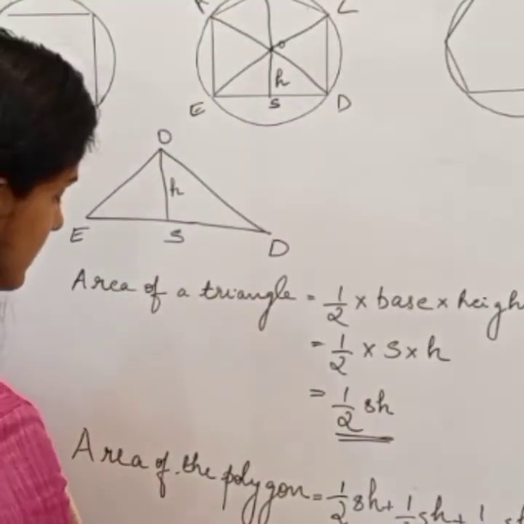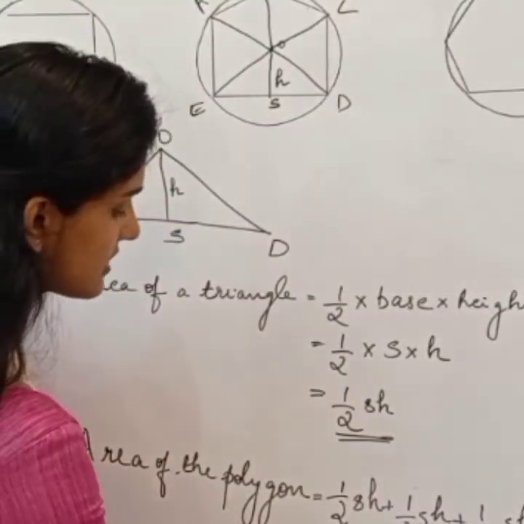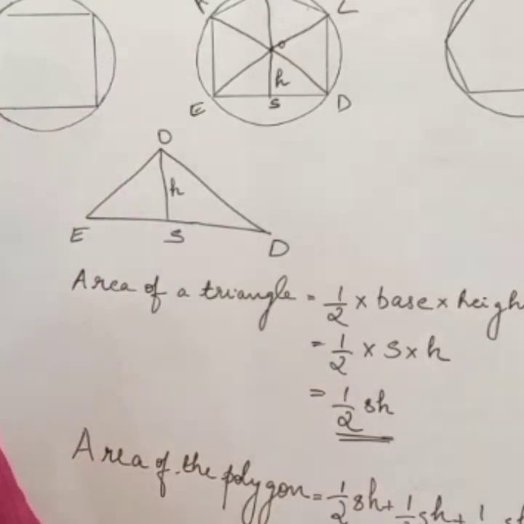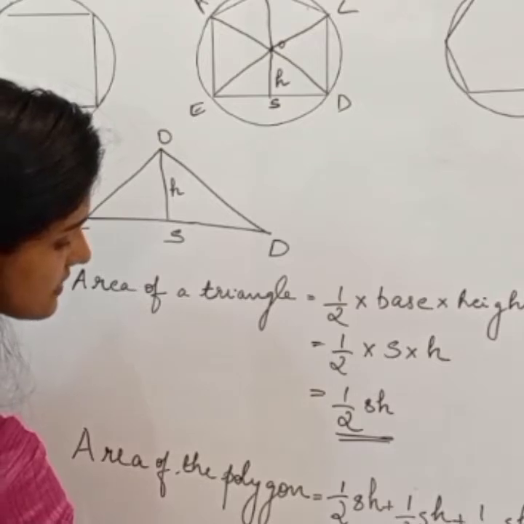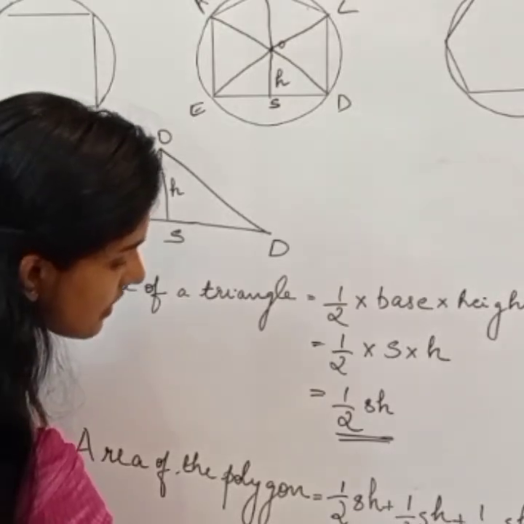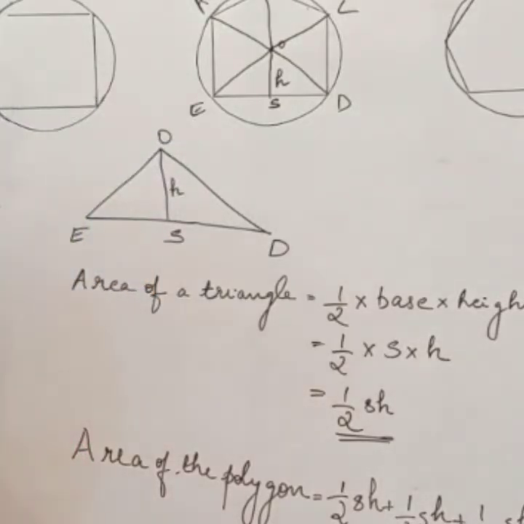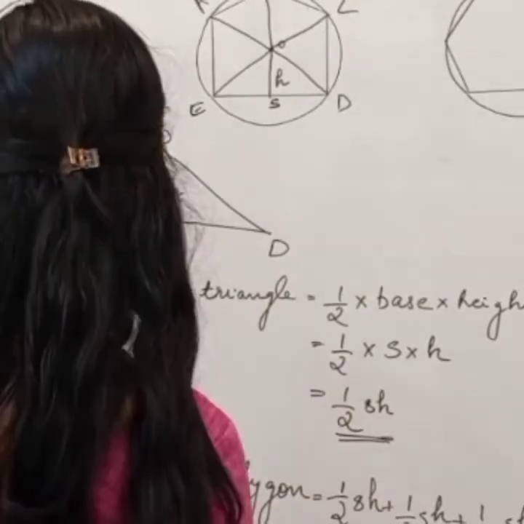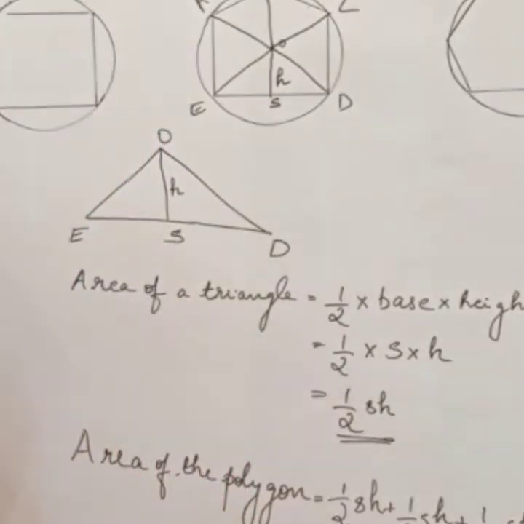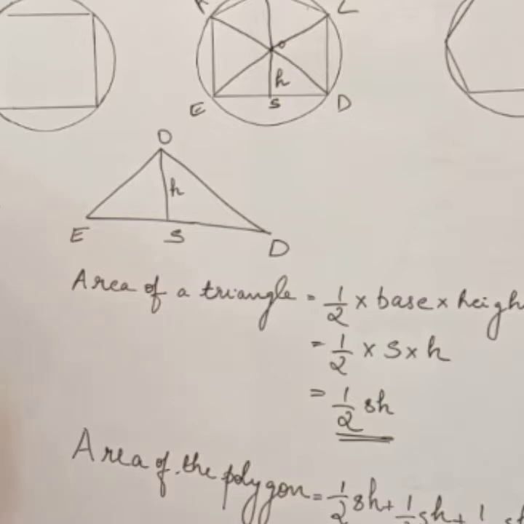So, now the area of the polygon, what can we write it as? Here we have 5S into half H. Right? We can write it like this. What is 5S? 5S is the perimeter.